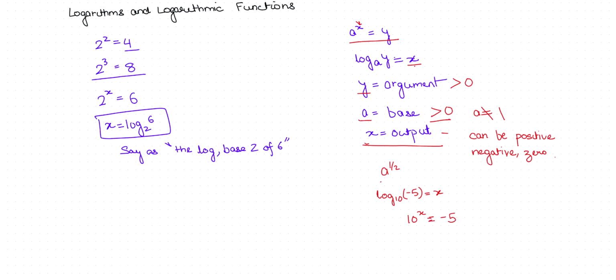No real number power can turn a positive base into a negative result. So this is not possible. That's why the argument and base both should be greater than 0. This is not an equal to sign, I just wanted to show it.